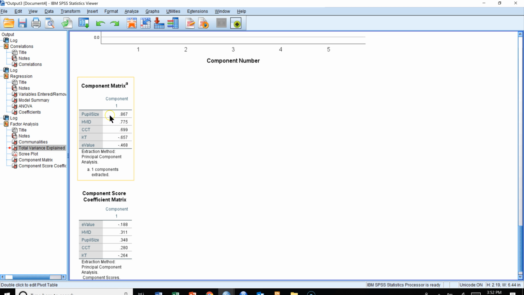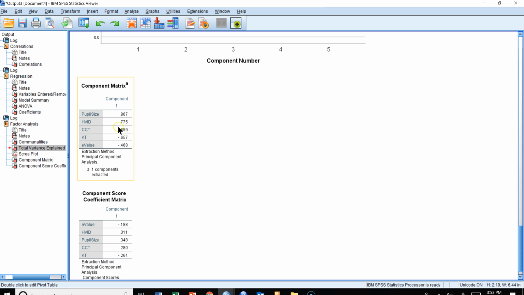And basically what this factor is, an unobservable underlying dimension that is made up or measured by these 5 measures. And so pupil size is correlated with that hypothetical factor at 0.867. The HVID at 0.775, and the lowest correlation is E value, minus 0.468.